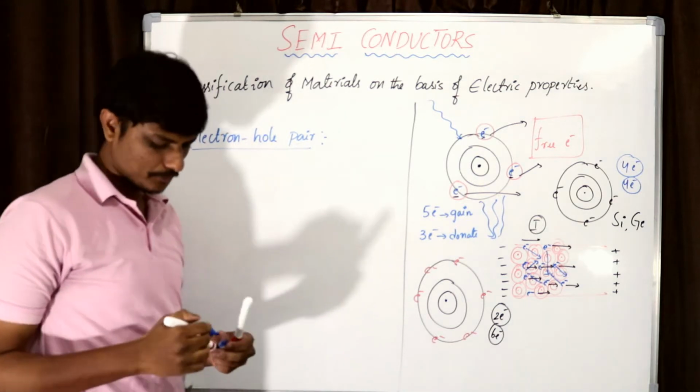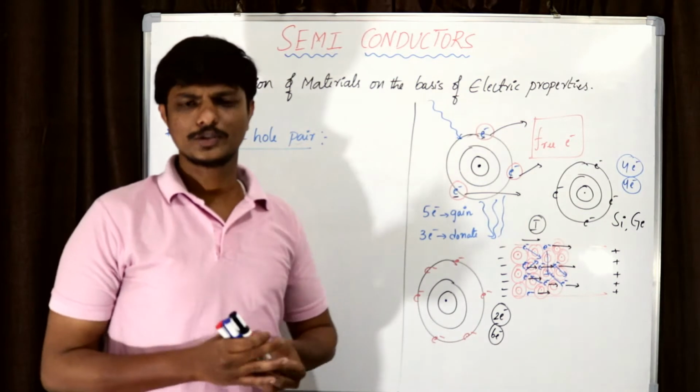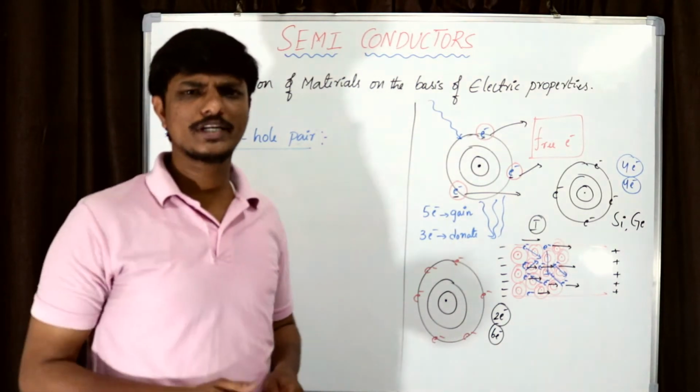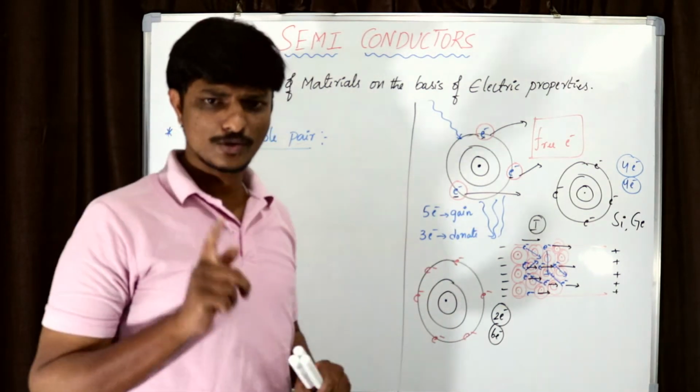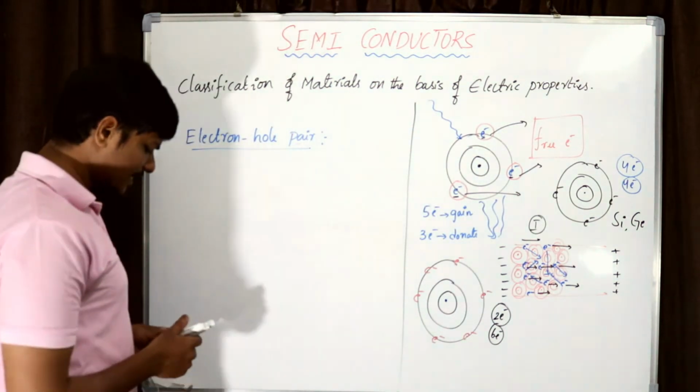Electron hole pair is a new concept that you might have just learnt. So please concentrate on this. This is a very important topic to understand the working of semiconductor devices. So please look carefully.